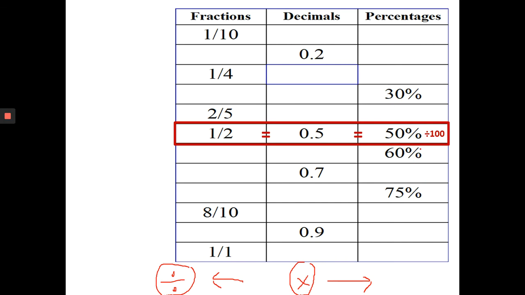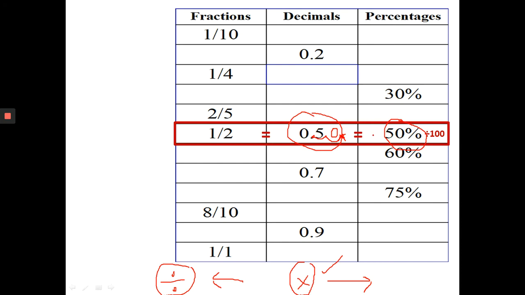So to get this 50% from decimal, you move the decimal point to the right. 1, 2. Okay, so if the decimal point is already on the right side, that decimal point can just hide.